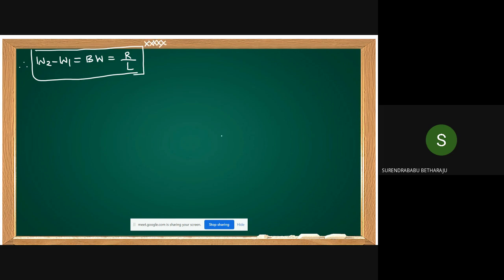We can also write omega 2 is 2 pi f2, omega 1 is 2 pi f1, so this is equal to R by L. Then f2 minus f1 is also called bandwidth. f2 minus f1 equal to R by 2 pi L. That 2 pi you can bring to this side.